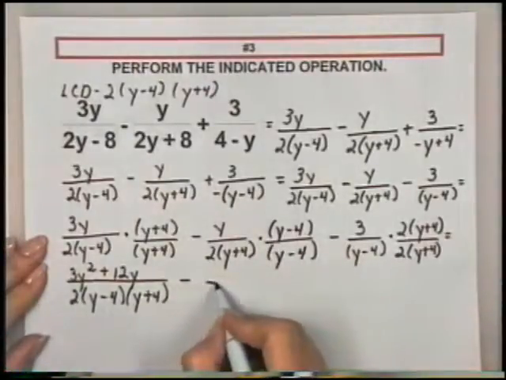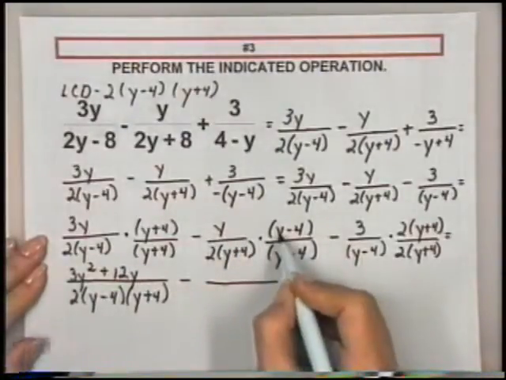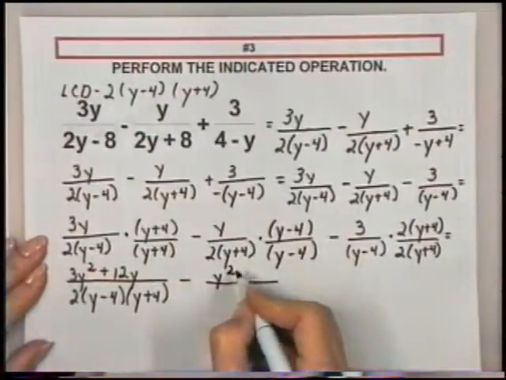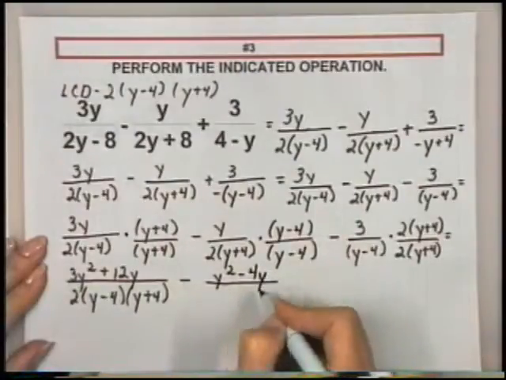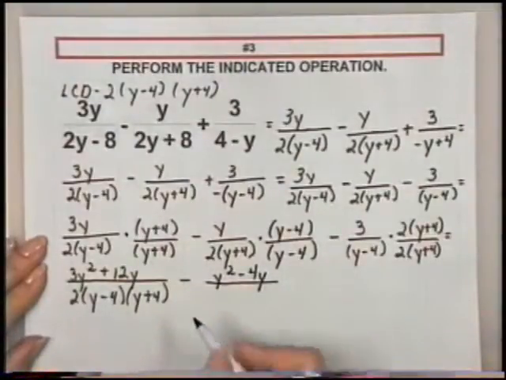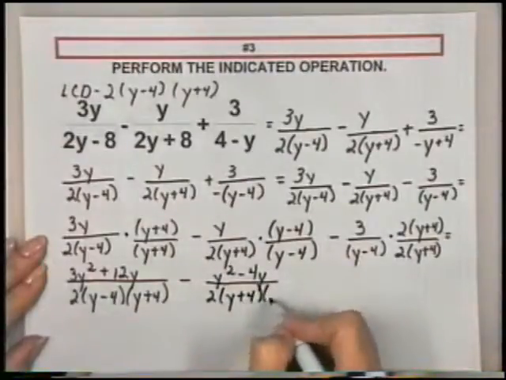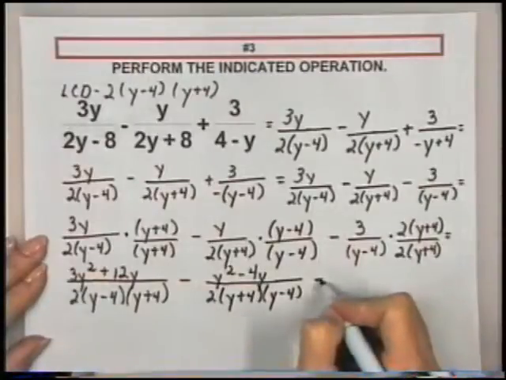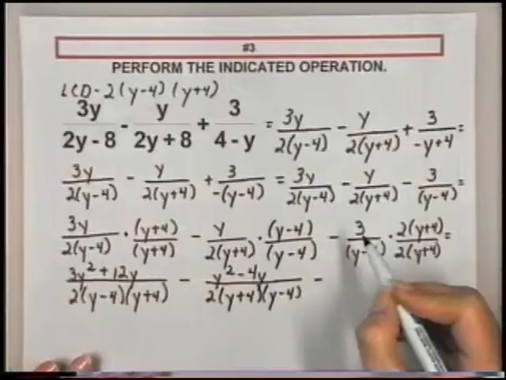Moving to the second fraction, I am multiplying y times y minus 4. Y times y is y squared. Y times minus 4 is minus 4y. In the denominator, I will write my factors. Let's move to the third fraction.